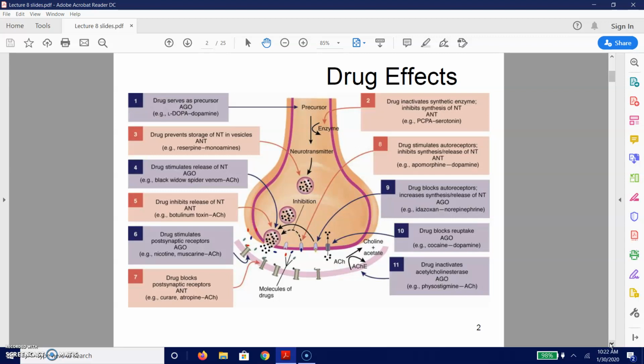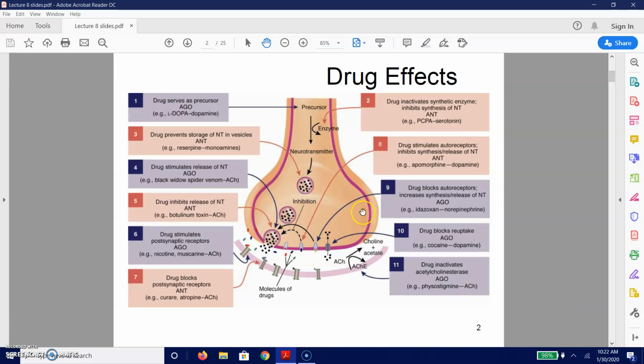So one of the things that we know is that drugs get the power that they do by working on different neurotransmitters. Drugs don't work by magic. They affect neurotransmitters, and as such, that's where they get their power. So there are many different ways that drugs can either serve as an agonist or as an antagonist.